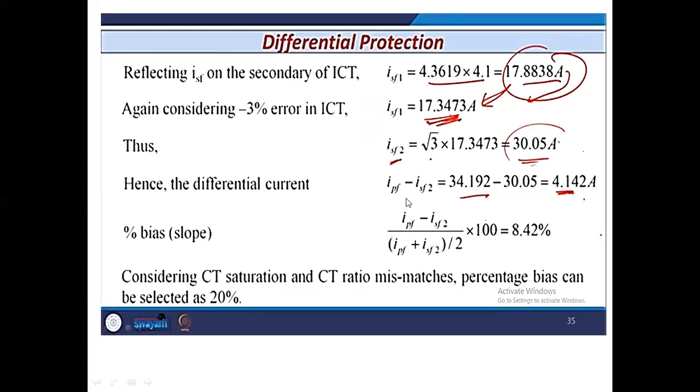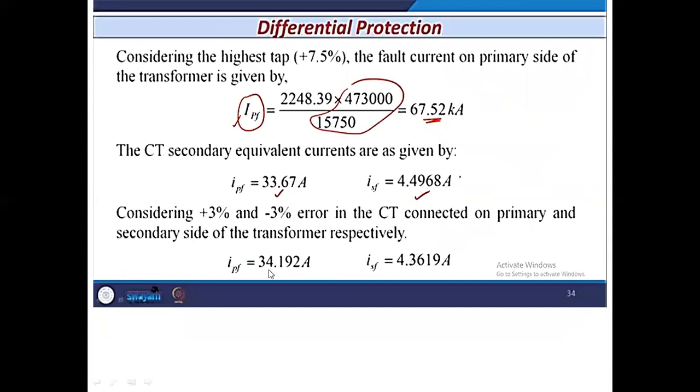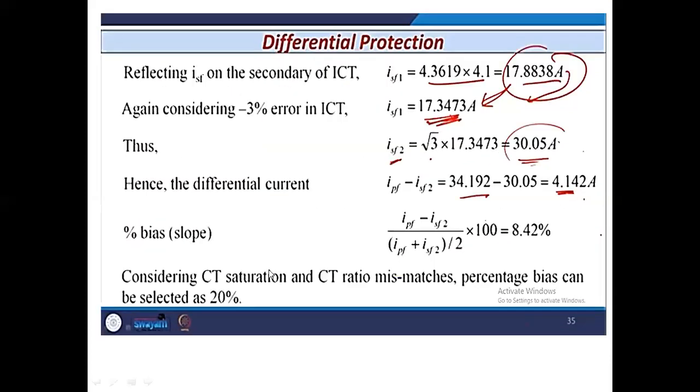The IPF is given, that is 34.192, and ISF2 is given, 30.05. Putting these in this formula, you will get the percentage bias for the slope as 8.42%.